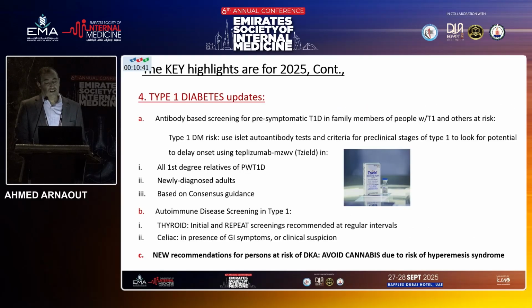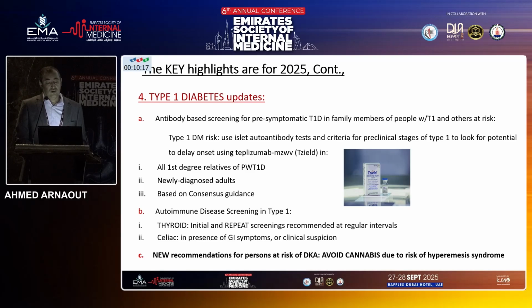Also, they are highlighting the type 1 diabetes update about antibody-based screening, specifically for pre-symptomatic type 1 diabetes. For this category of patients, we can use the islet cell autoantibodies for diagnosis. And we also now have the approved teplizumab.